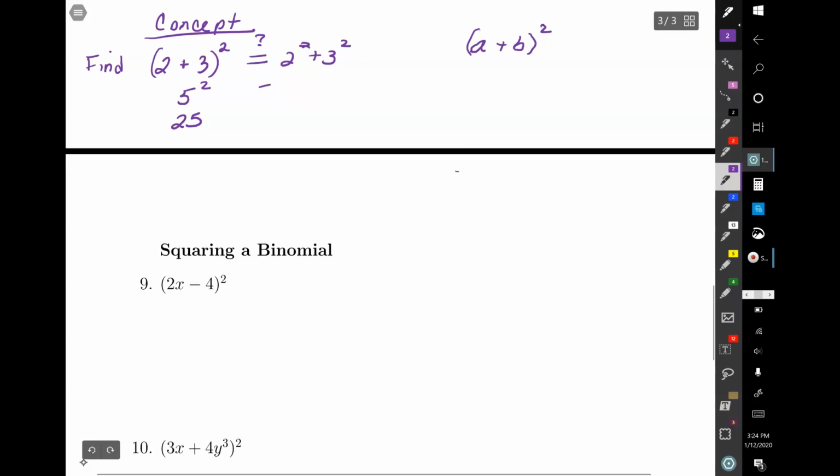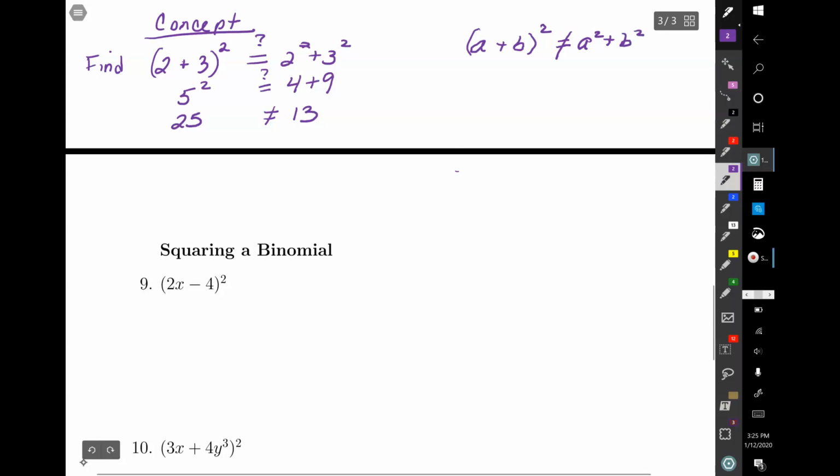So does that calculate out? Let's see. 2 squared plus 3 squared, that would be 4 plus 9. That actually equals 13. So 25 does not equal 13. So I cannot do that. So (a plus b) all squared in parentheses is not ever equal to a squared plus b squared. So remember that.